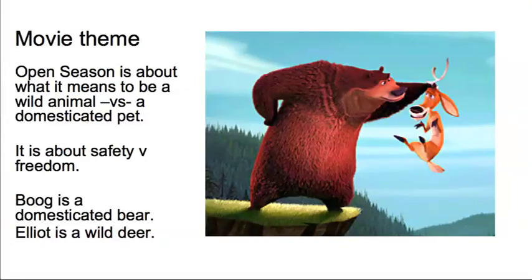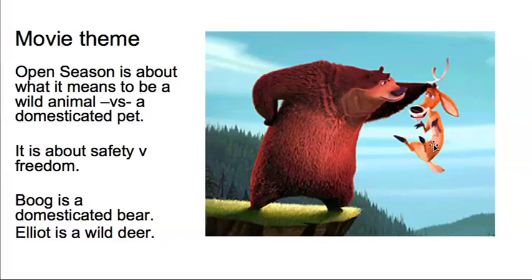So the theme of the film Open Season was essentially tameness versus wildness, or what it means to be a wild animal versus a domesticated pet. The two main characters were Boog the bear and Elliot the deer. Boog is a domesticated bear, and Elliot is a wild deer.